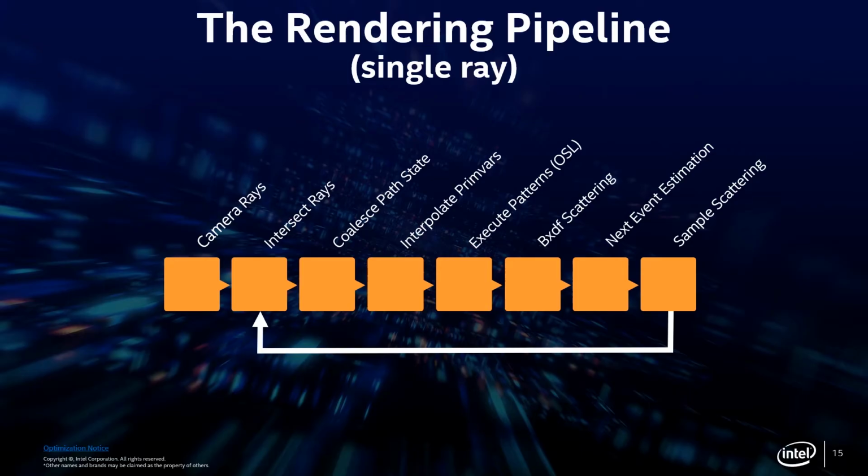Each of these iterations in this loop describes a ray surface interaction. And as the light propagates through the scene, bouncing many times, this sequence loops many times. And these are the wavefronts.